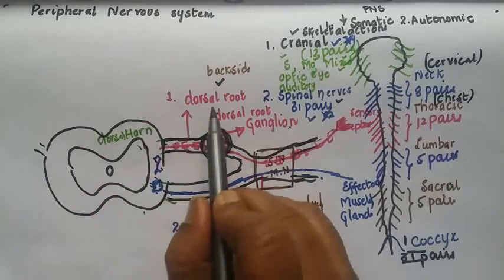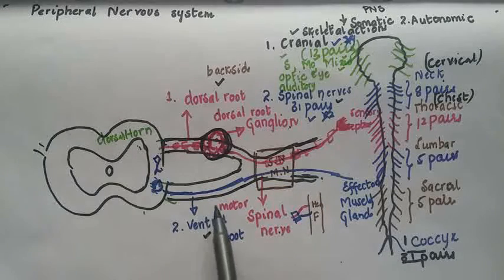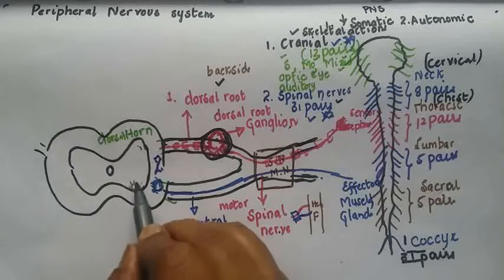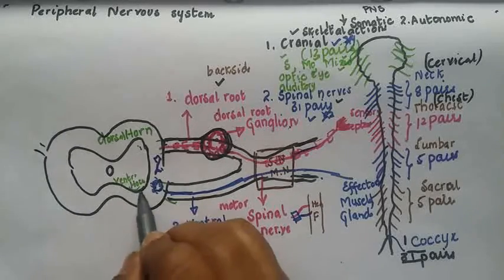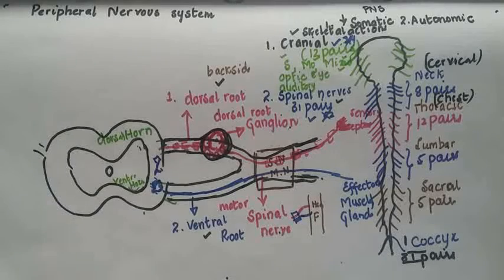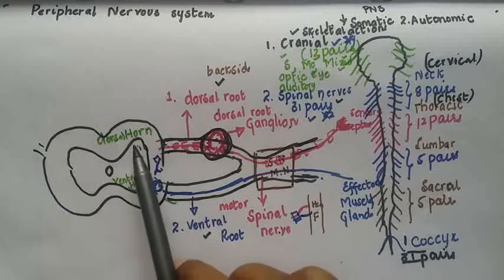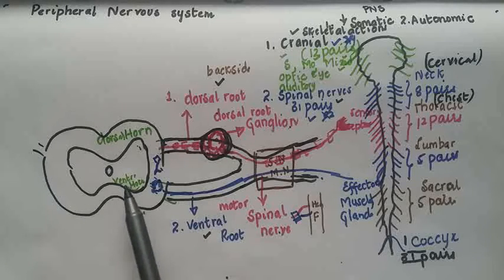We call it the dorsal root entering into the dorsal horn, and the ventral root entering into the ventral horn-like structure. So you can name this the ventral horn, and this the dorsal horn. Thus the dorsal root enters into the dorsal horn, and the ventral root enters into the ventral horn.